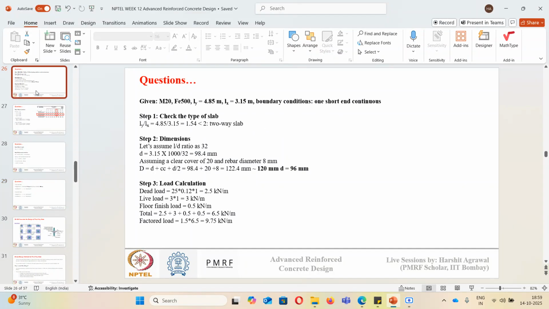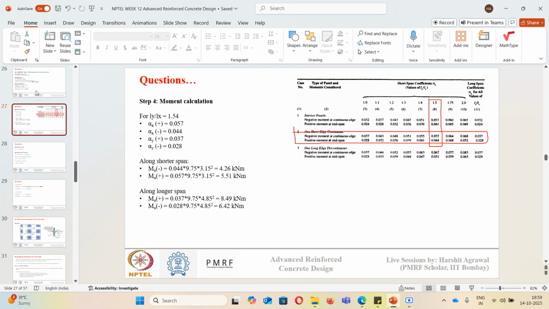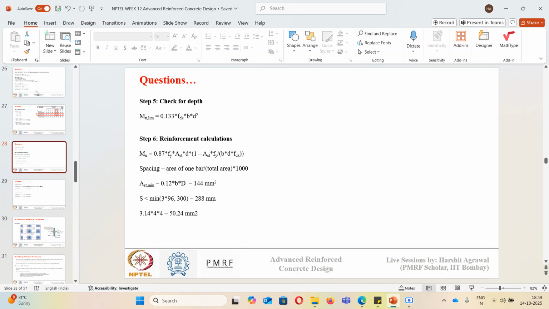Okay, so the process was, initially we checked the type of slab, then we checked the dimension. We took the initial dimension, we did the load calculation, we determined the moment. For moment we determined alpha x and alpha y value based on the table, and then we calculated the area of reinforcement and spacing. So this is something that you need to take care of very well.